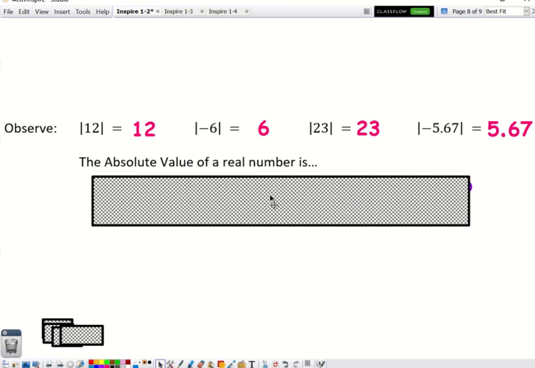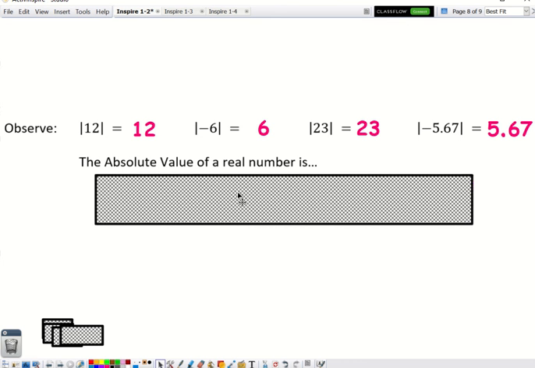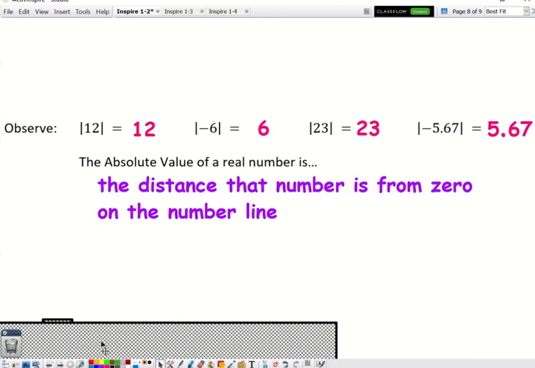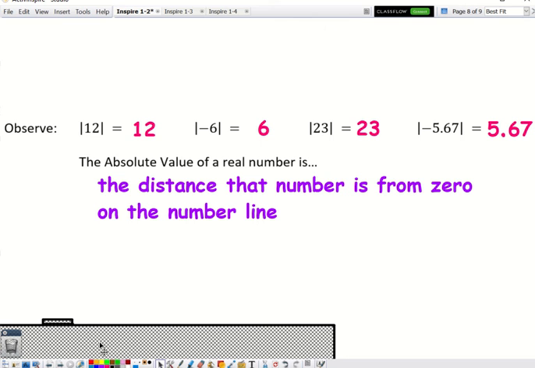What would a textbook say? Absolute value of a real number is the distance that number is from 0 on the number line. So I guess the key word here is distance, and that's why absolute value is always positive at the end of the day, because it's the distance away from 0 on the good old number line.